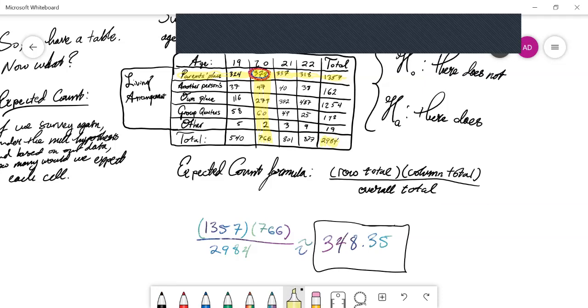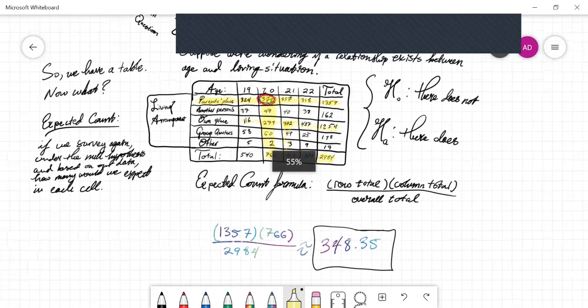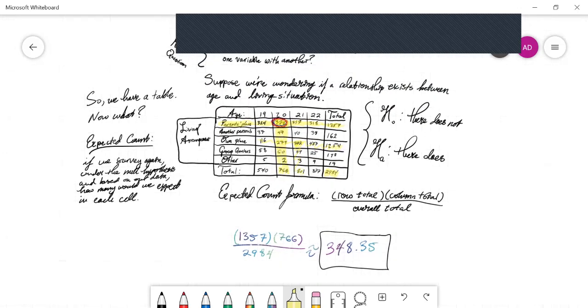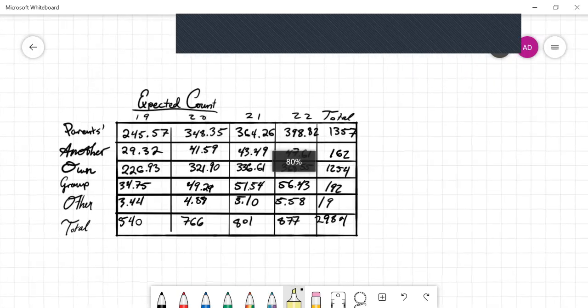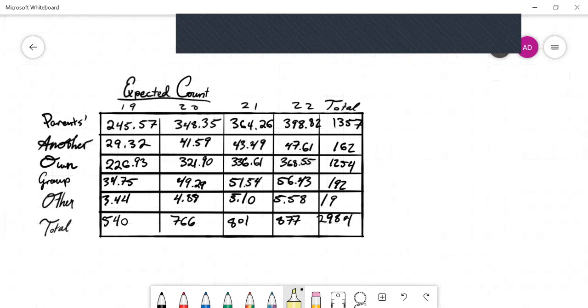So you would say, fix this row, and you could fix this column. And that would be for own place in 21. And you do this for every cell. So I have, of course, done it already. I realized I could use a ruler function on this, so I tried to make straight lines. And this is what those theoretical counts end up being, okay?